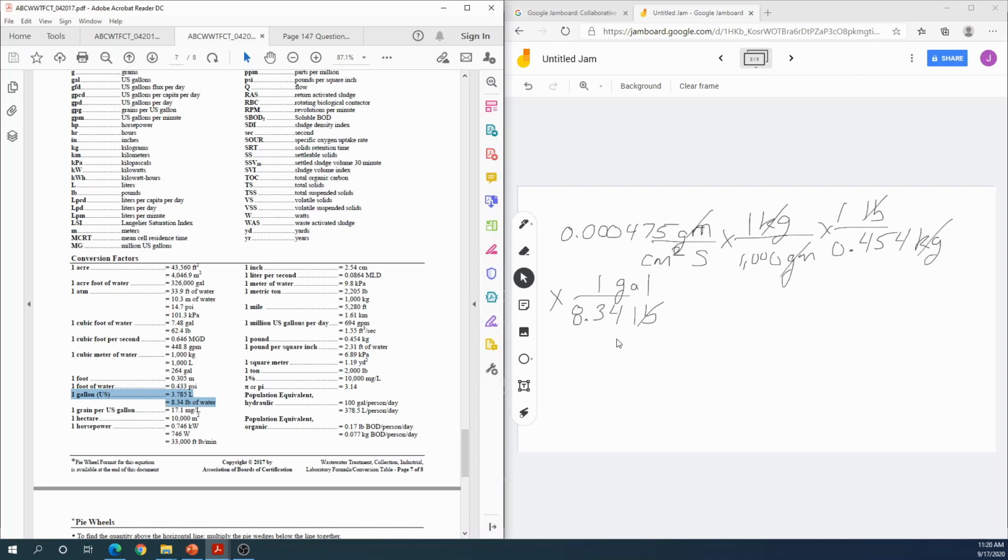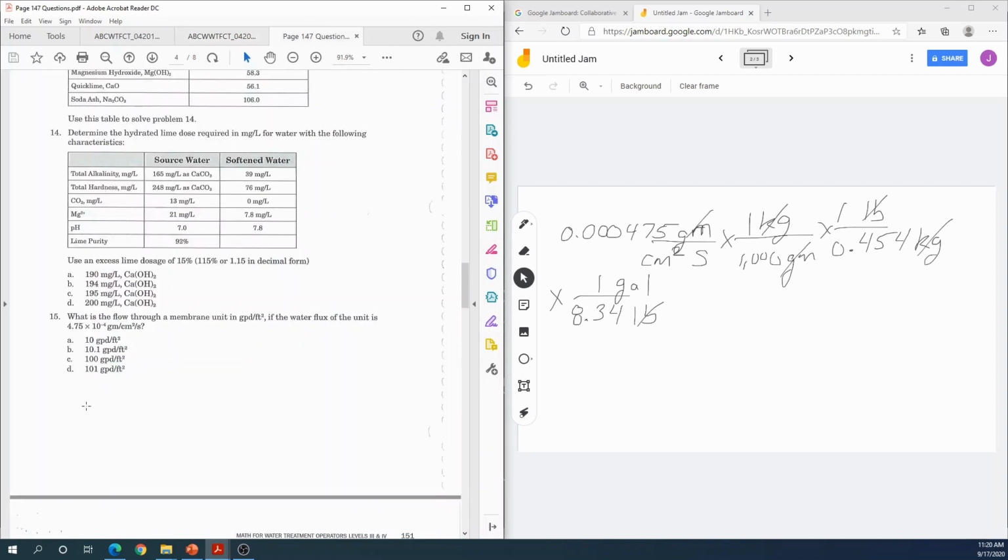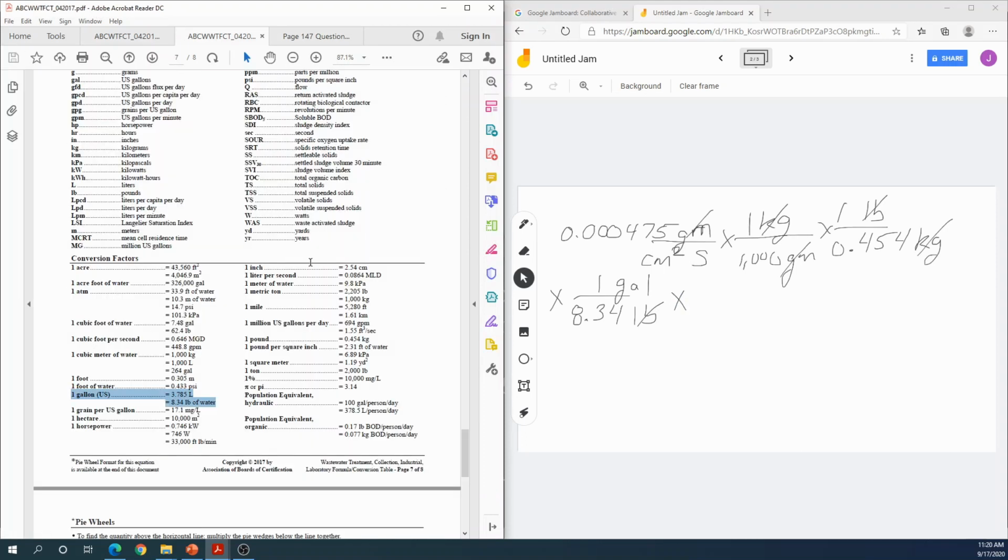So now let's go ahead and convert our area. We just converted from grams of water into gallons. So now let's convert from centimeters squared. Ultimately, we're trying to get it into square feet. So first let's convert from centimeters squared to inches squared. If we come back over to our cheat sheet, we know that in 1 inch, there is 2.54 centimeters.